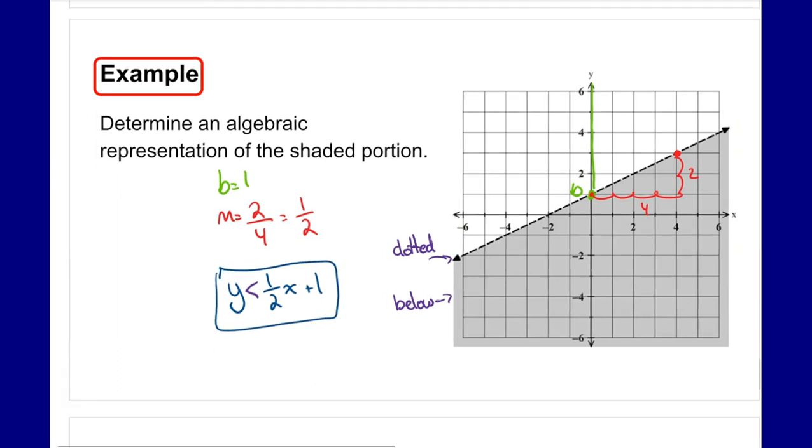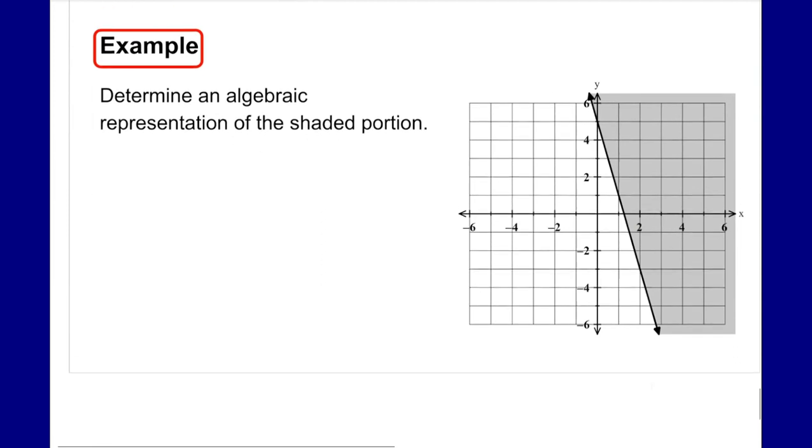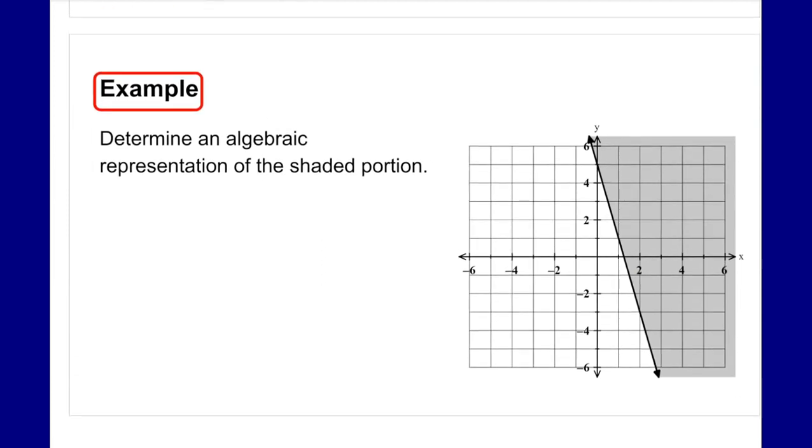And last example. Same idea, same kind of steps, just different scenarios. So go down your y-axis. We have our b value. B is equal to 5. Find two nice points. Find your multiplier, or rise over run. So over 1, down 1, 2, 3, 4. So your m value is -4 over 1, or just -4.